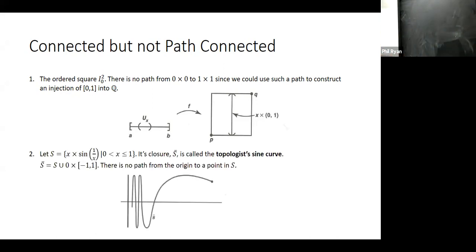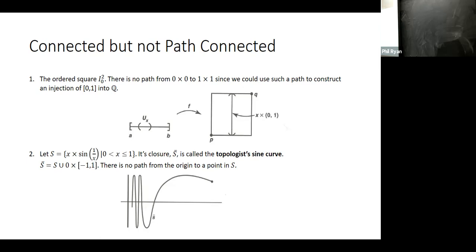Here's another example, which is a great source. In fact, they call it the topologist's sine curve. So let S be the set in R2 of (x, sin(1/x)) for x greater than 0 but less than or equal to 1. It looks like this, and as it comes here, the period gets shorter and shorter.